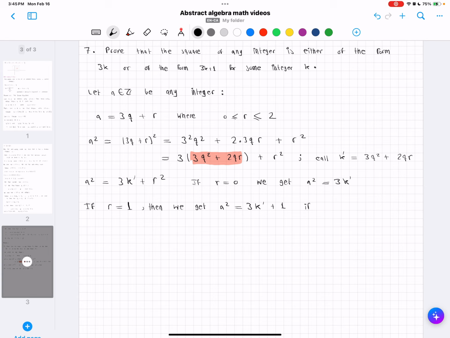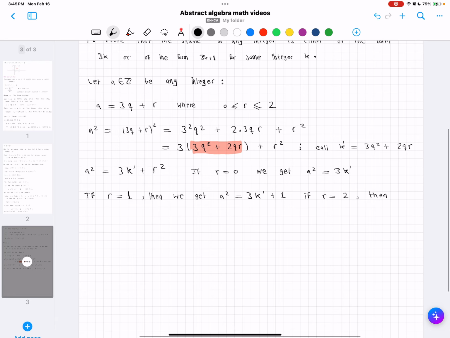And finally, if r is equal to 2, then we get that a squared is 3 times k prime plus 4.